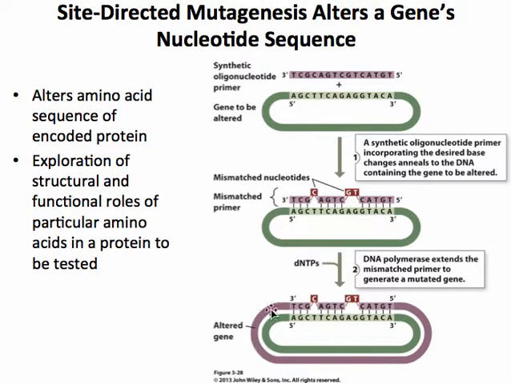It's all similar except where we have these substituted mismatched nucleotides. So then when we have this structure, our new gene, what's in purple here, is going to have a different nucleotide sequence.